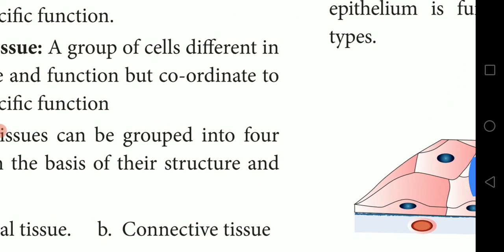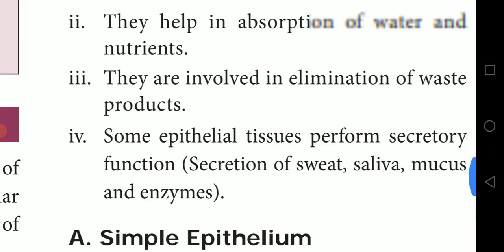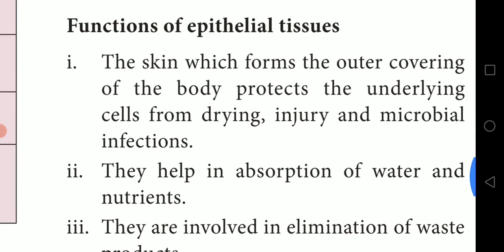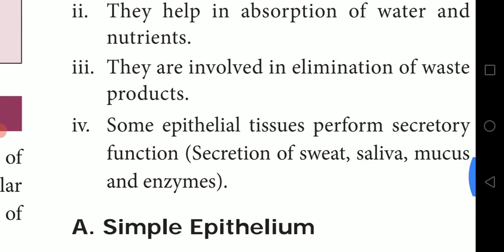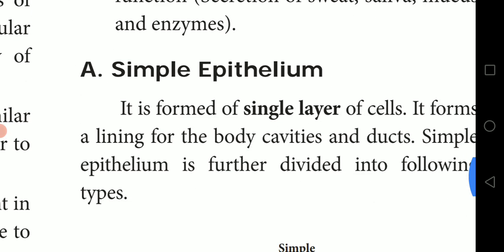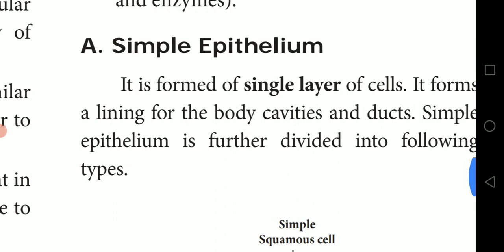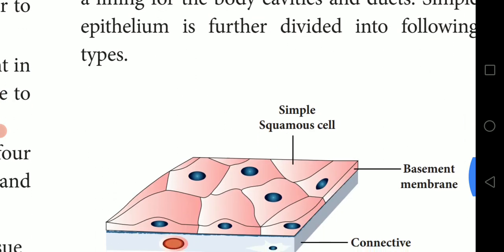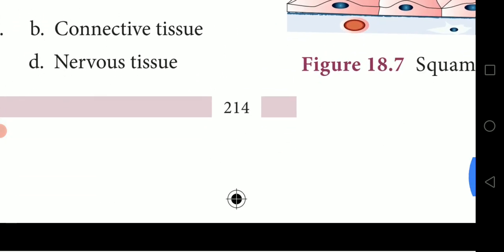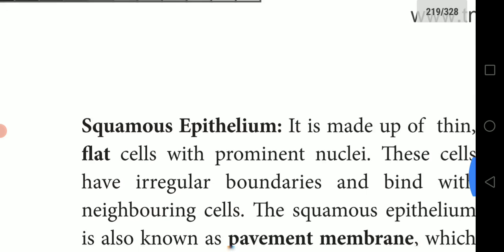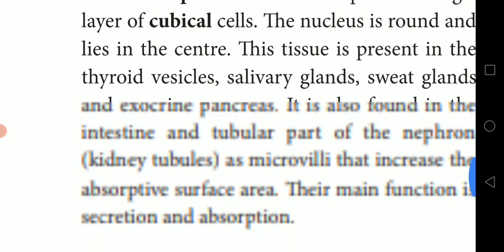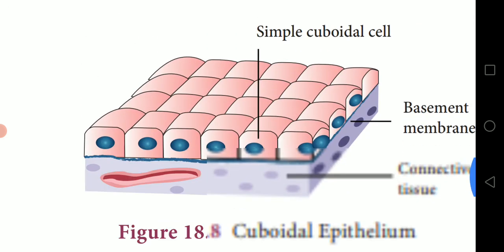In that, we saw the functions of epithelial tissues. In the types of simple epithelium, we have completed squamous epithelial tissue and cuboidal epithelial tissue in the last video class.